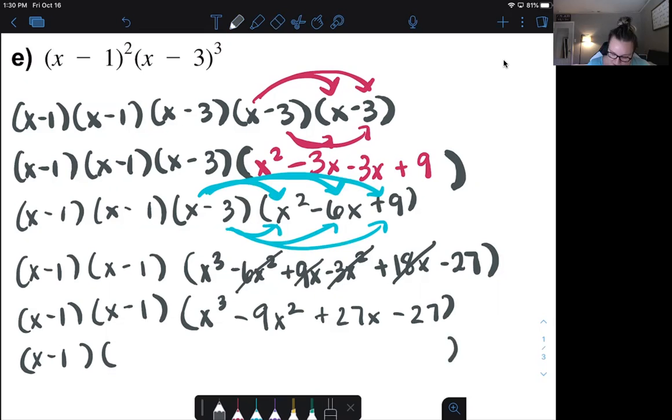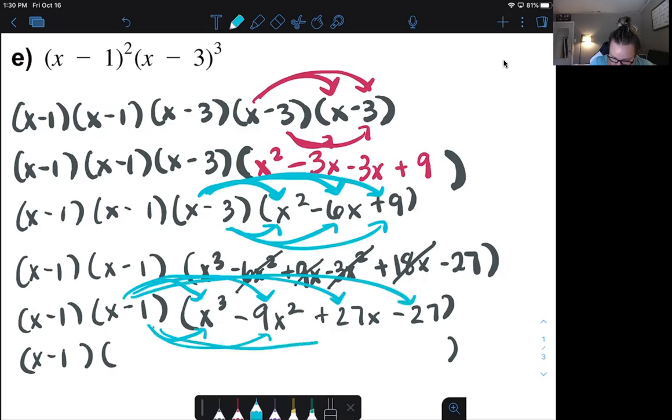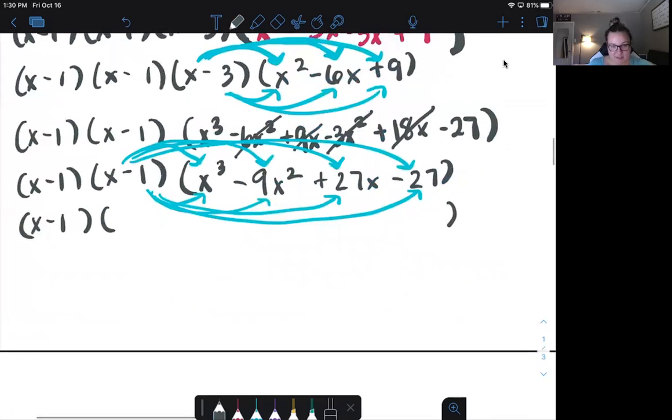We're going to distribute x to each of these terms. And we're going to distribute the negative 1 to each term as well. So let's do this. All right, x times x cubed, x to the 4th. X times negative 9x squared, negative 9x cubed. X times 27x, 27x squared.